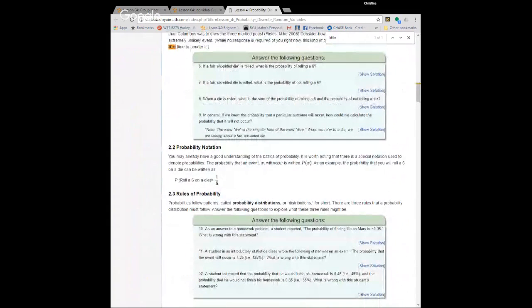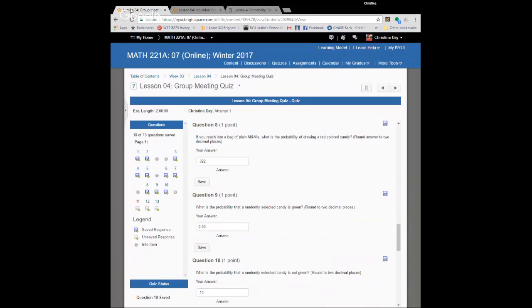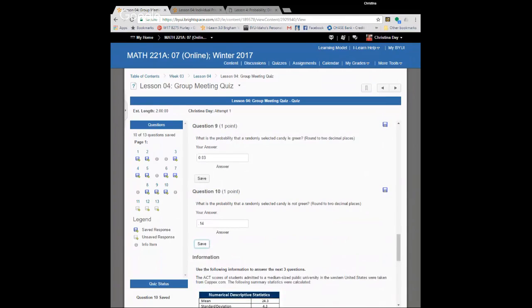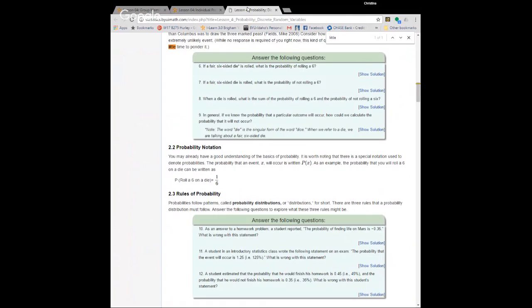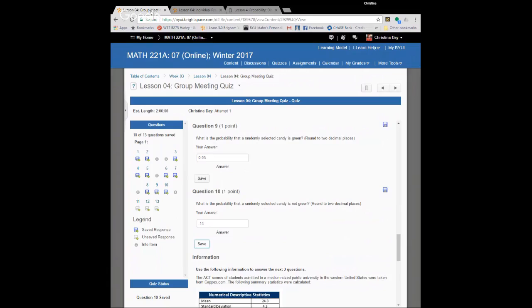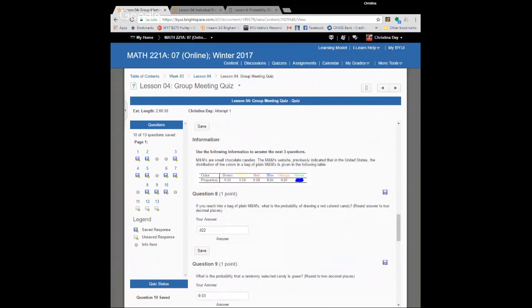To find out the not green, we're on number 10, right? Or are we on number 9? Number 10. Okay. I got 0.14. Hold on. I think it's 0.87. Not positive, but I thought we had to divide it by 6. So you have to divide each one by 6 first. So the 0.13 by 6, the 0.14 over 6, the 0.13 over 6, 0.24 divided by 6, and 0.20 over 6.